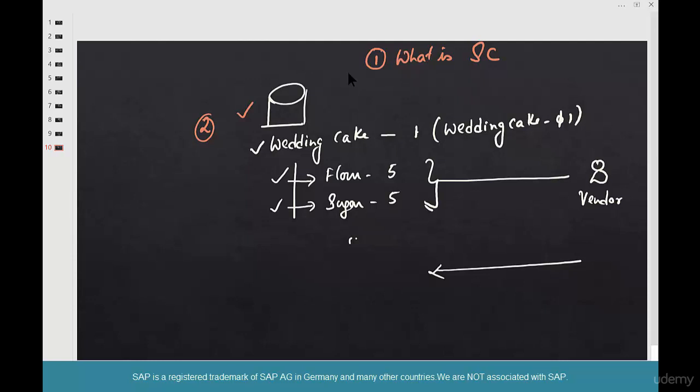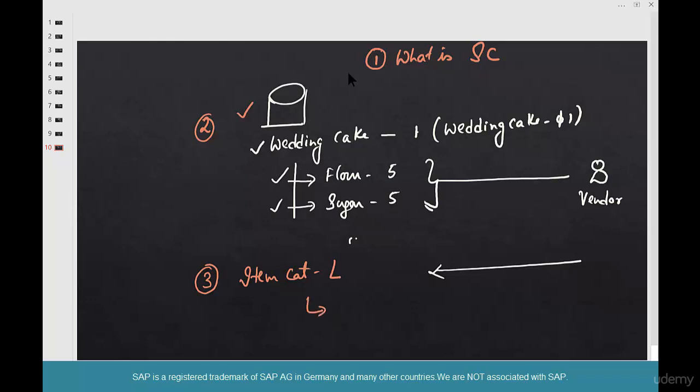How do you make this happen? In SAP, the item category is L. L for subcontracting. The moment you put L, it says, oops, I need the components. Okay.